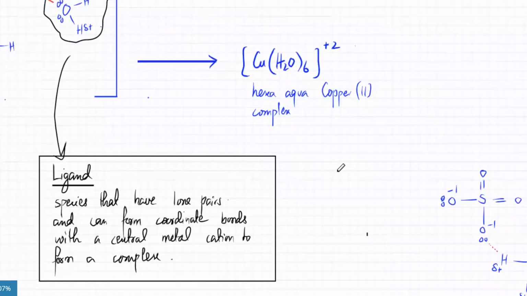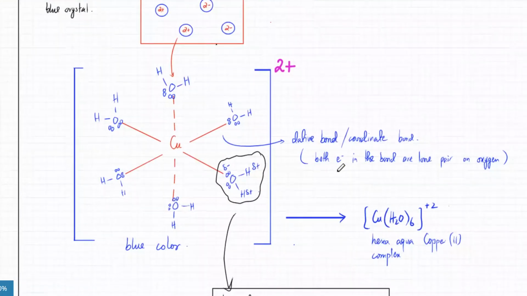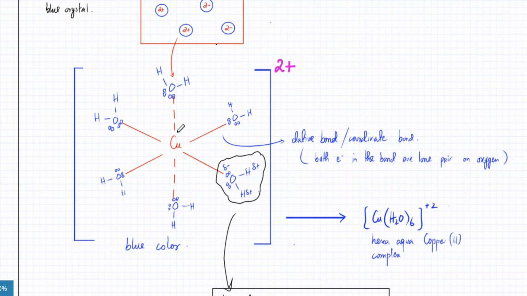Why is copper able to do that? The reason copper is able to do that is because it's a copper 2+ ion. It's already lost its outer shell, so the outer shell is completely empty. It's got a lot of empty orbitals.